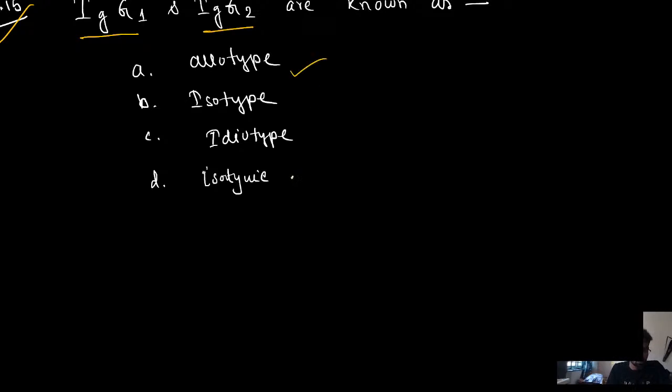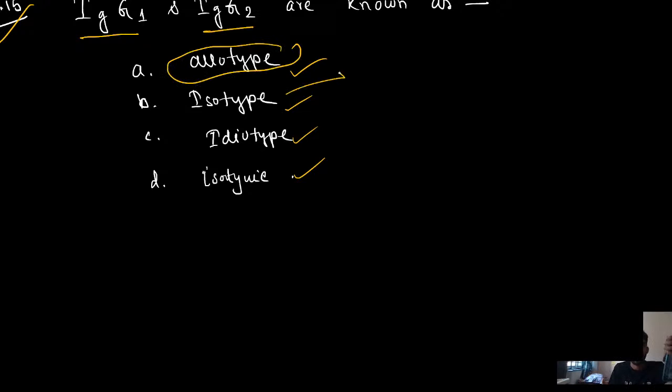I hope you know the meaning of allotype. So I'm saying A, allotype. Nidhi is saying A, Shampad is saying A, everyone is saying A, so it's A.